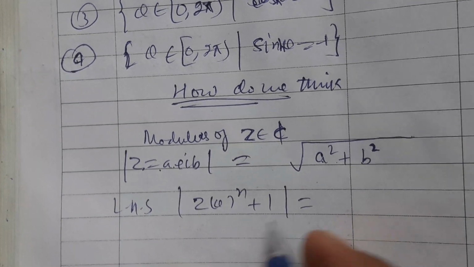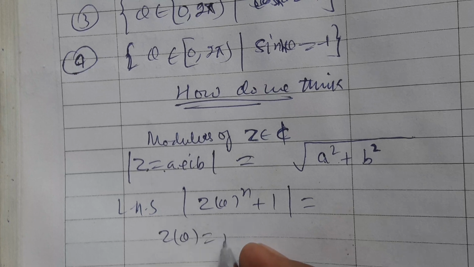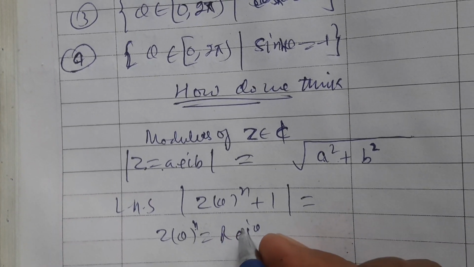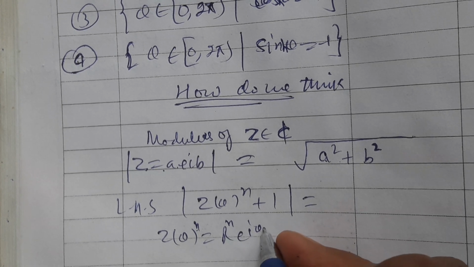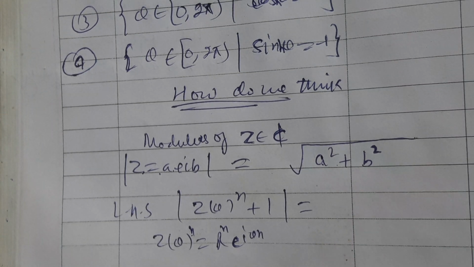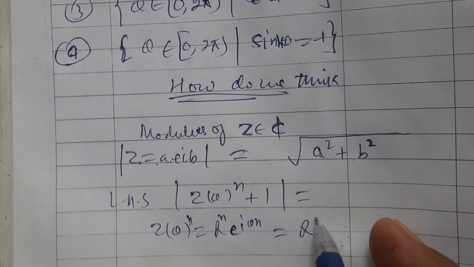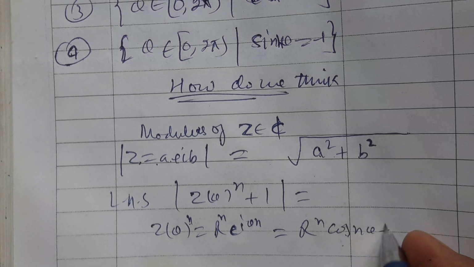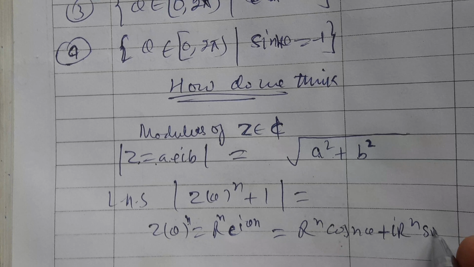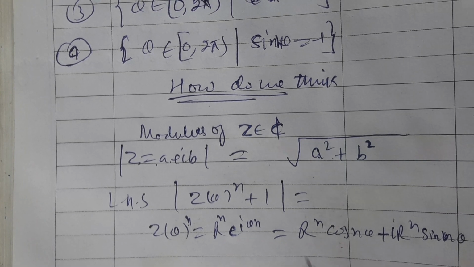Since z(theta) is r e to the power i theta, its power n is r to the power n e to the power i n theta, which is r^n cos n theta plus i r^n sin n theta.